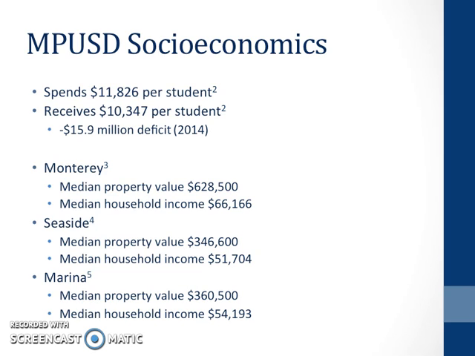The towns in the district have pretty high property values, and they're mostly within a similar household income range, but you can also see the diversity within Monterey, Seaside, and Marina. Seaside and Marina are fairly similar, while Monterey has a little higher property value and also higher income.